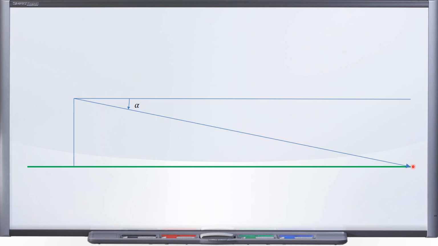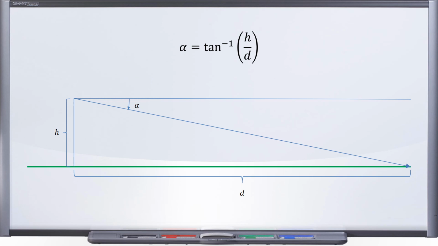So if the Earth ends there, then we must get sky right there. Okay, so there's some alpha, some angle below horizontal to that point. And where is that point? If our height is h high above the Earth, we need to know how far out it is to that point, and I'm going to call that d. And then we'll just have an arctangent to tell us what the angle is.